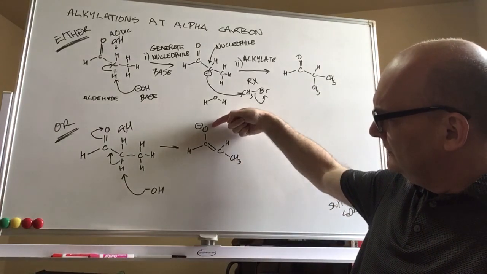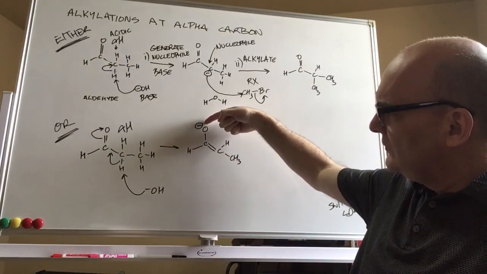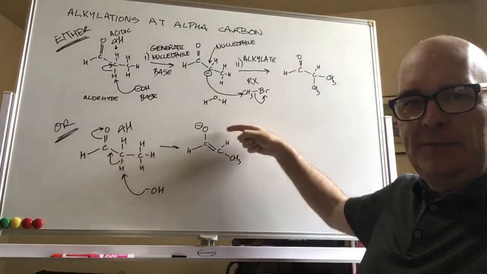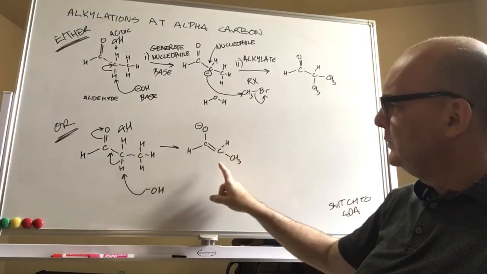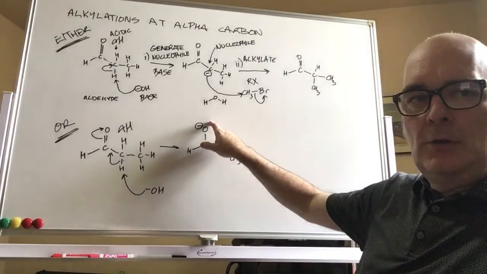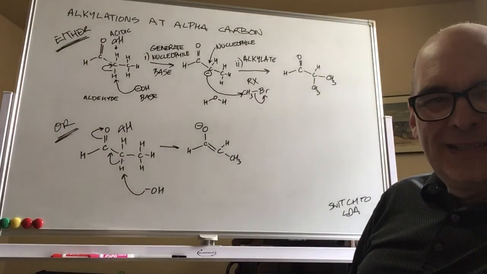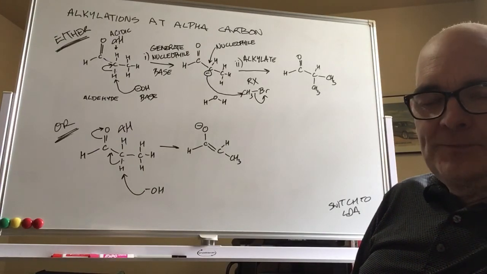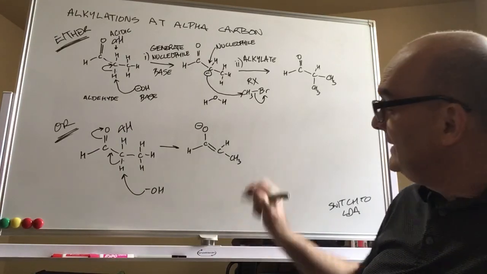If that negative charge went away by putting a hydrogen on there, this would be an enol. So this is an enol without a hydrogen on it. It's a deprotonated enol.